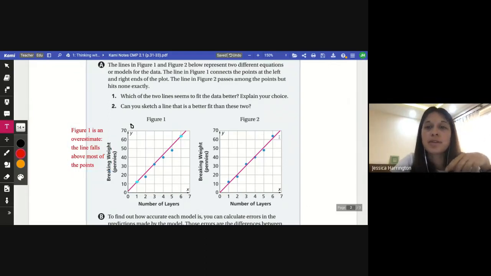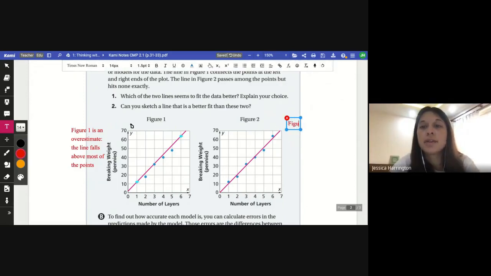All right, what about figure 2? If I look at figure 2, this line is right here. We have 3 points that are above the line and 3 points that are below the line. So that is telling me that half of the points are over the line and half are below the line.